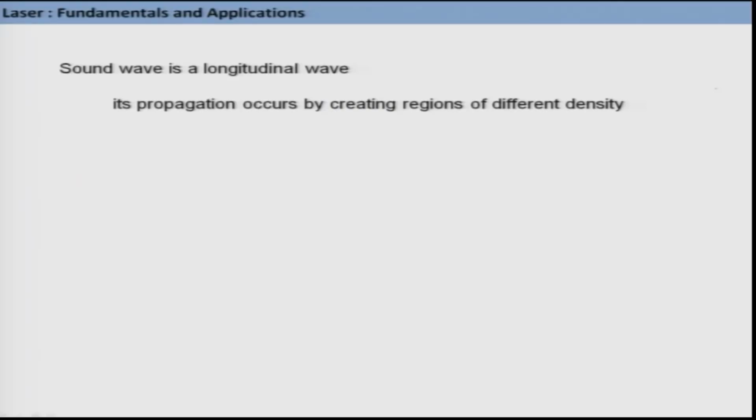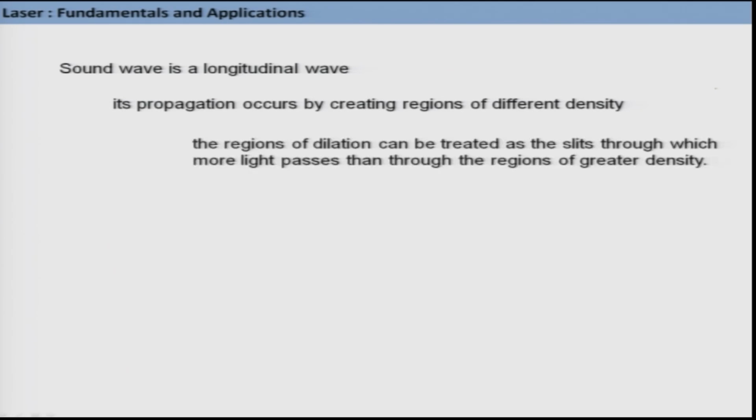It creates different density regions in the medium, and particularly the regions of dilation, where it gets widespread, can be treated as slits through which more light passes than through the region of greater density. That clearly makes sense, okay.